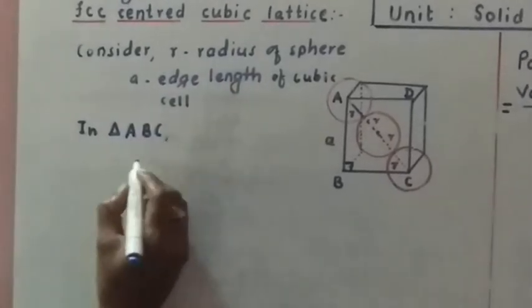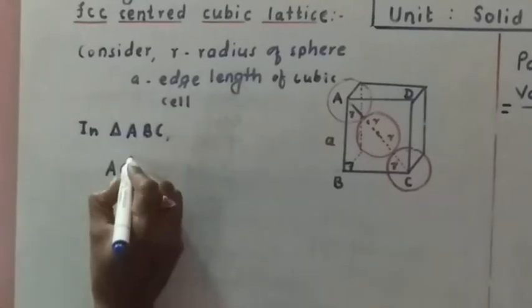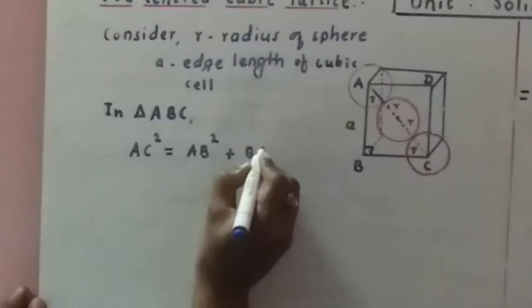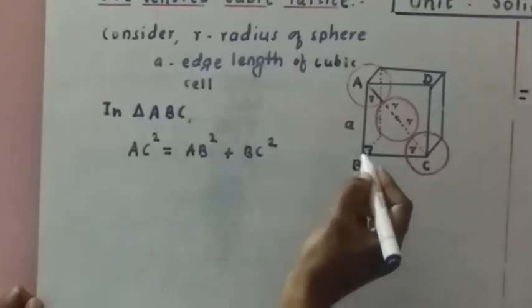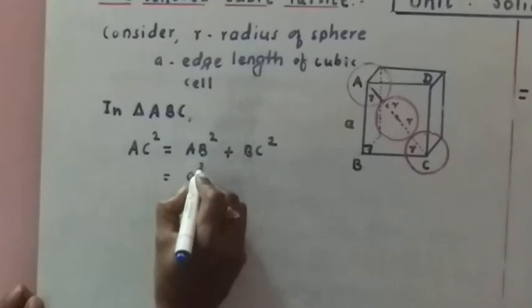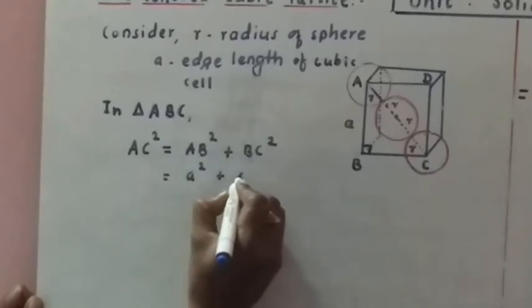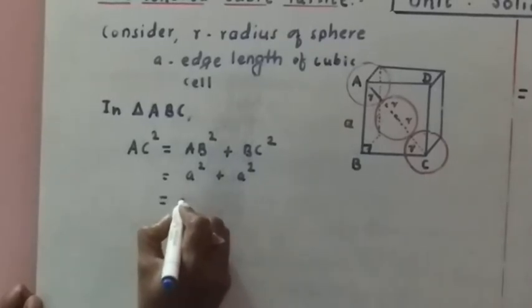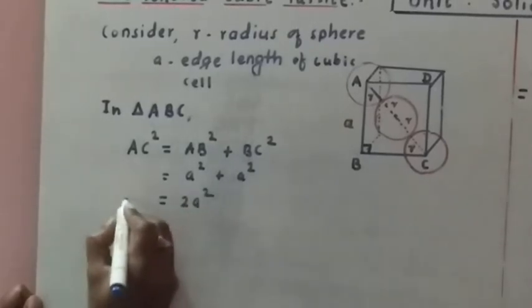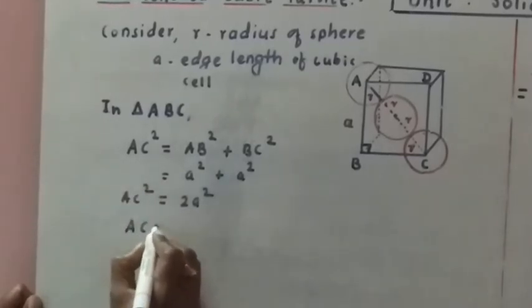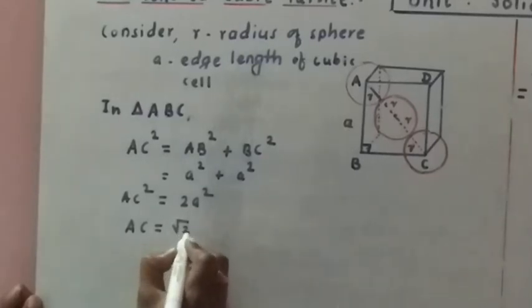So by using the theorem of Pythagoras, AC square equals AB square plus BC square. Putting the values from the diagram, AB is edge length a, also BC is edge length a. So a square plus a square is 2a square. So AC square equals 2a square. By taking the square root, AC will be root 2 a.